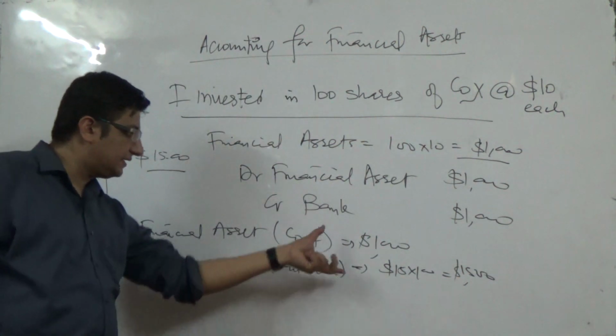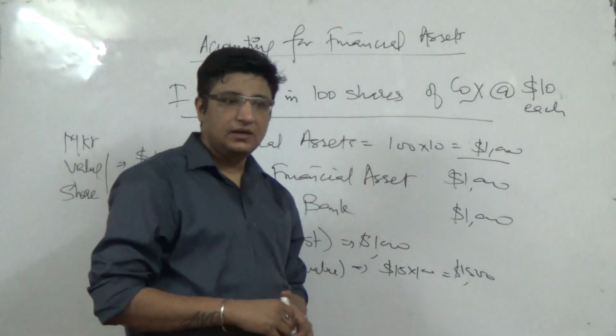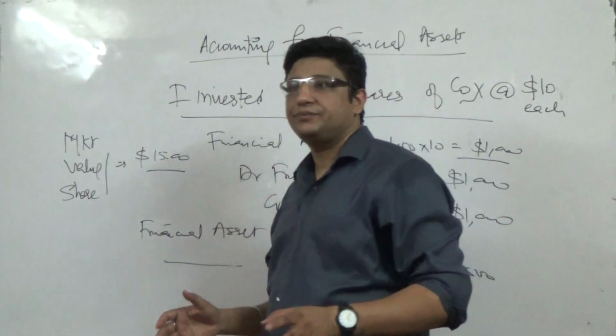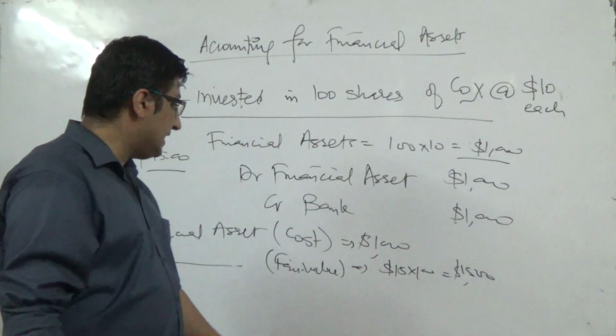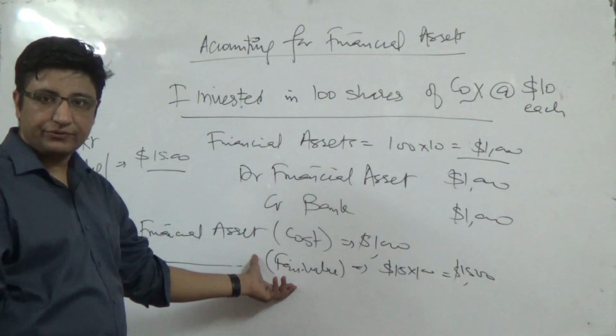Now this is a key attribute as far as the entire accounting standard is concerned. The financial instruments accounting standard talks about whether I should show my financial assets at cost or at fair value.